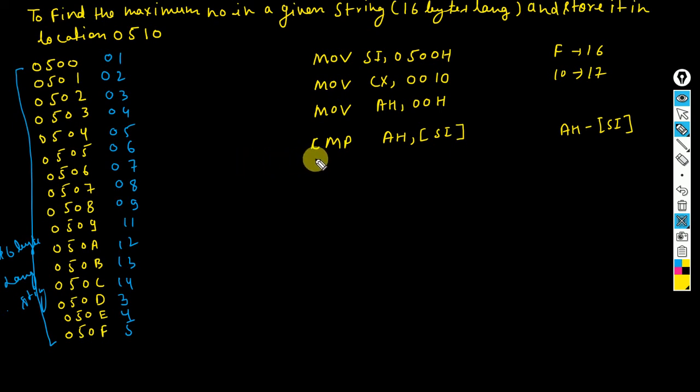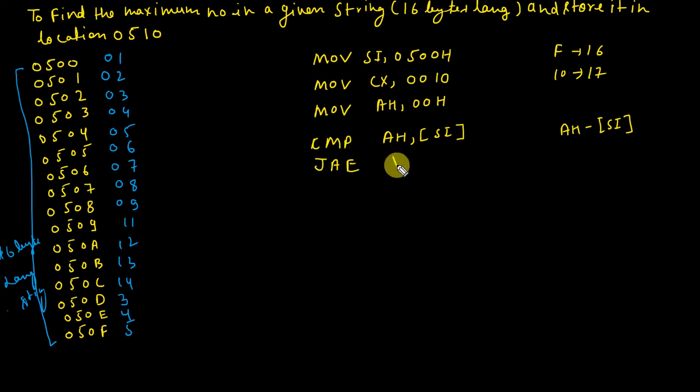Next instruction is JAE. JAE means jump above or equal. It means if the content of AH is above or equal, then jump to the marked label. Otherwise, move to the next instruction.